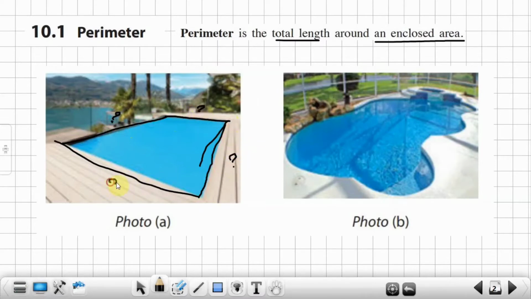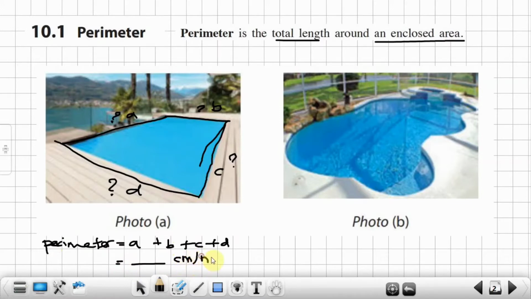Measure the length of all sides, then you add up all the sides. So let's say this is A cm or A meter, B, C and D. The perimeter is equal to A plus B plus C plus D. Then you will get the perimeter in cm or meter.